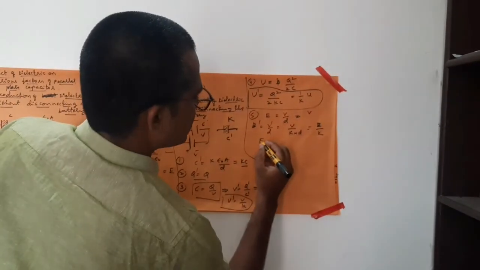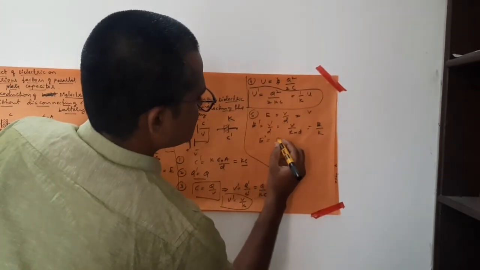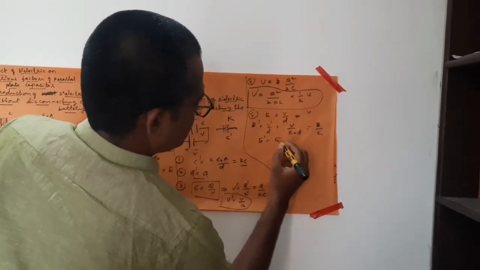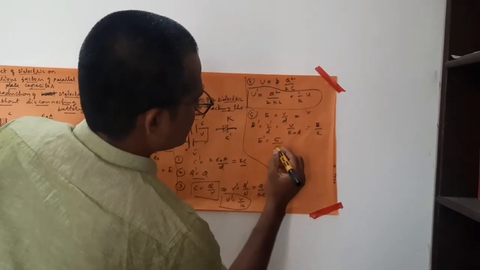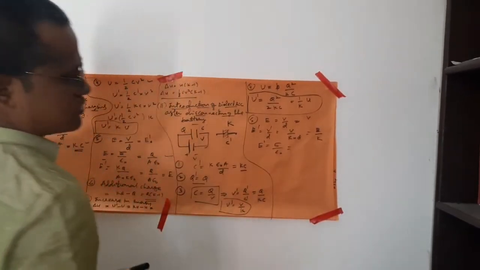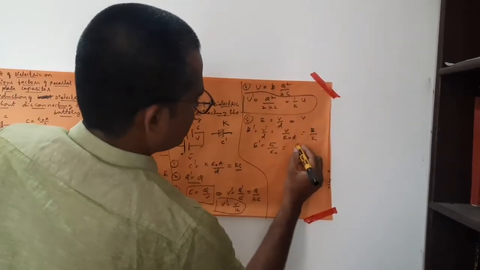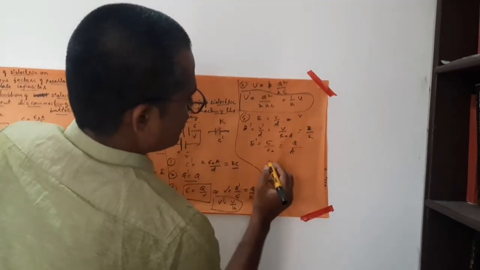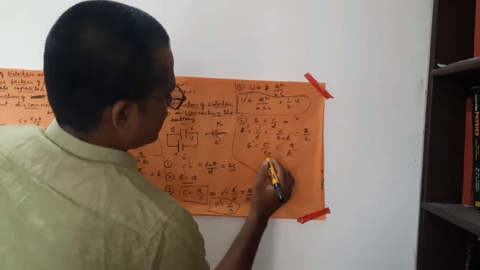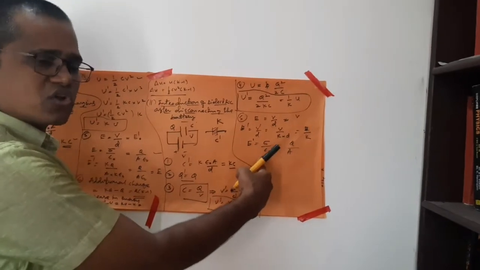Even we can verify in another way also. E dash is equal to sigma by epsilon naught, as the charge remains the same. What is sigma here? Sigma will be Q by A, but if vacuum is there I retain epsilon naught.